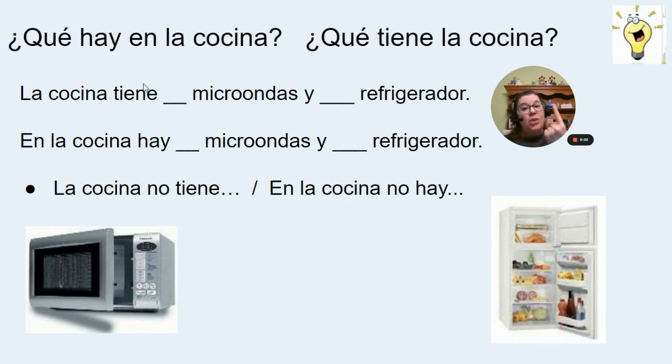En la cocina hay un microondas y hay un refrigerador. ¿Qué hay en la cocina? ¿Qué tiene tu cocina? I hope you're pausing. I hope you're writing out your answers, and I hope you're practicing speaking Spanish with me. And that looks like that's the end of this lesson today. Muchas gracias.